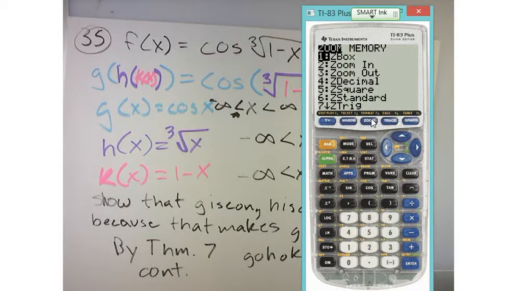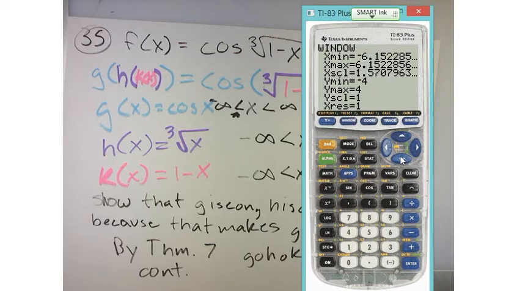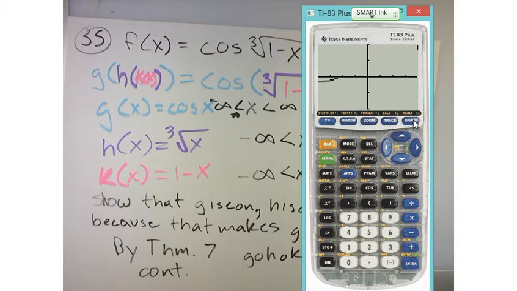I'll zoom in a little bit just to see if there's any... let's define it a little better. Okay, so now if I hit trace and I go through this whole thing, for every x value, there is a corresponding y value.